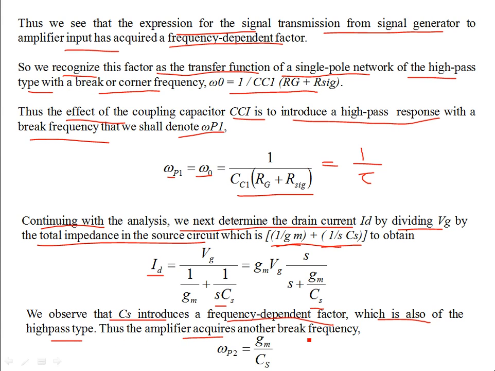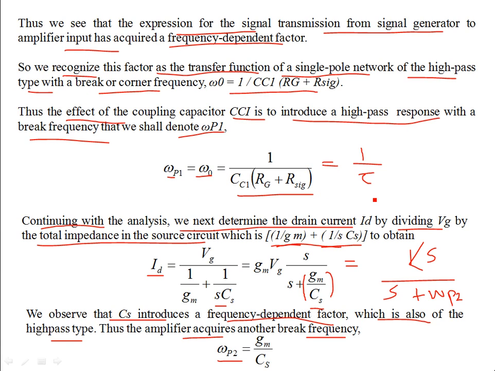Thus the amplifier requires another break frequency, omega p2, which is Gm over Cs. Again, this has a transfer function of the type Ks over S plus omega p2. Omega p1 was for the network between the signal generator and the input of the transistor, whereas here you are evaluating the transfer function at the source.